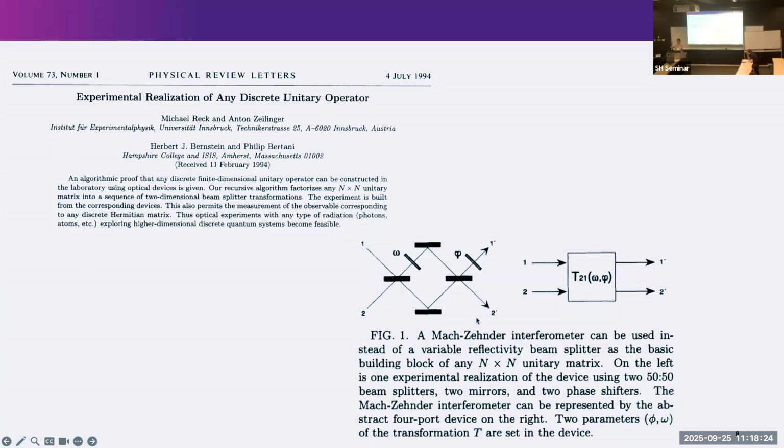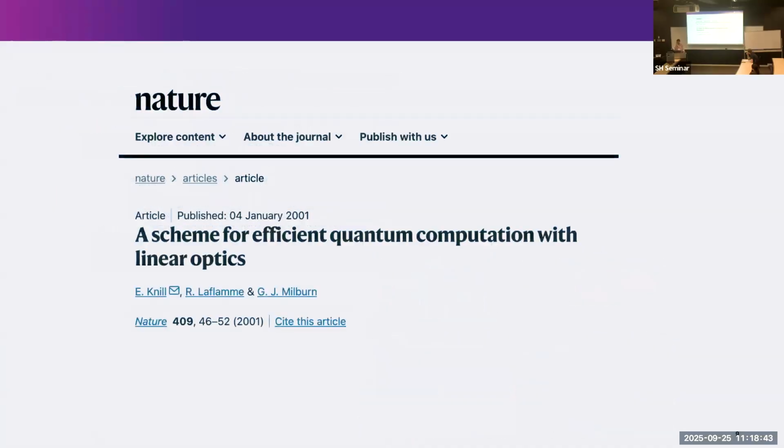Like remember Arthur's Mach-Zehnder where he has the mirrors and phase shifters. So this paper tells you any unitary, so any single qubit gate, you can implement it using a network of beam splitters and phase shifters. Okay? So that's the single qubit gate.